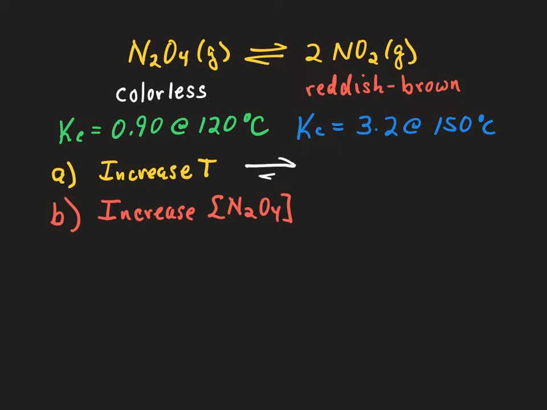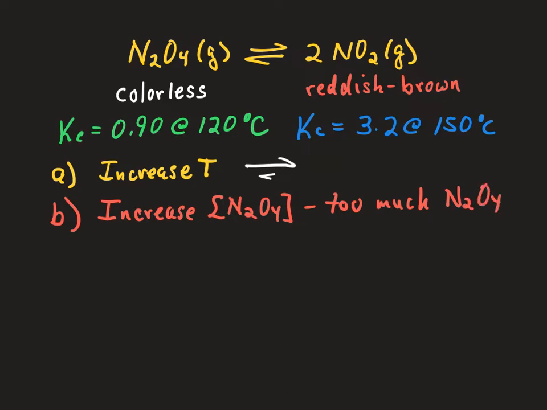In this case, we had a system that was in equilibrium, and then we suddenly add some dinitrogen tetroxide. The stress on the equilibrium is too much dinitrogen tetroxide.